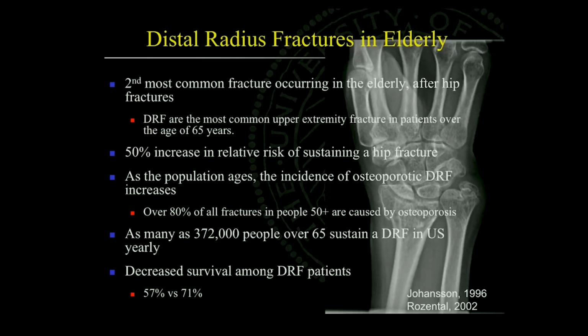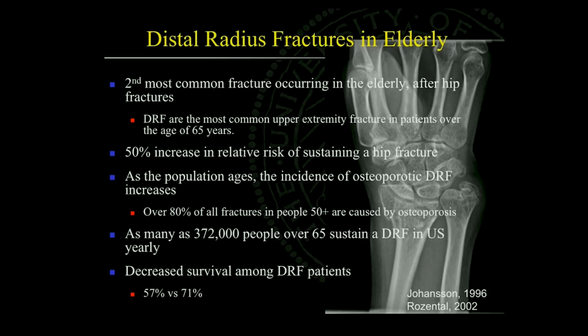Just an alarming statistic: almost 400,000 people over the age of 65 sustain a distal radius fracture in the United States. That's a high number, and a large percentage of presentations to the emergency room or primary care physicians. And then this bottom number shows the decreased survival among distal radius patients. So long-term survival goes from about 57% to 71%.